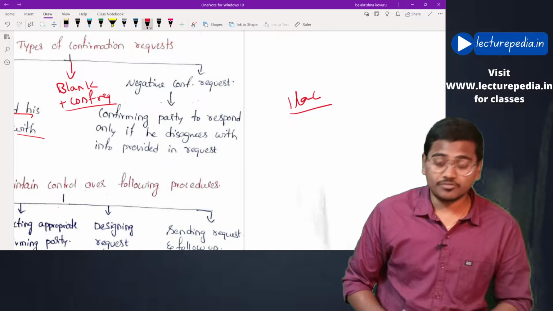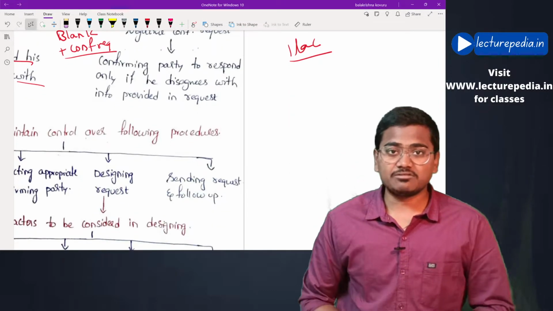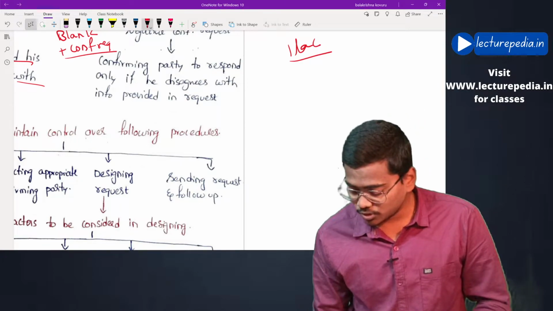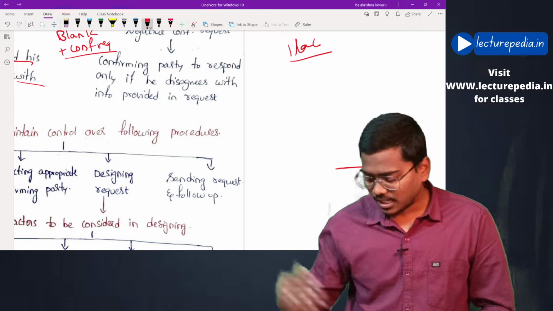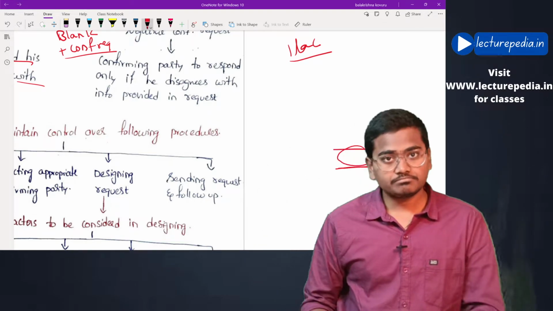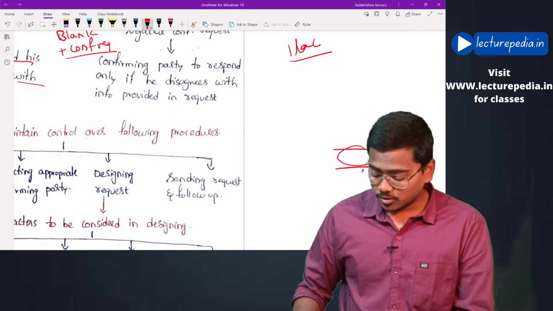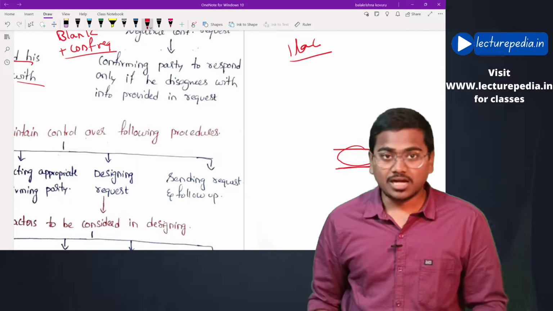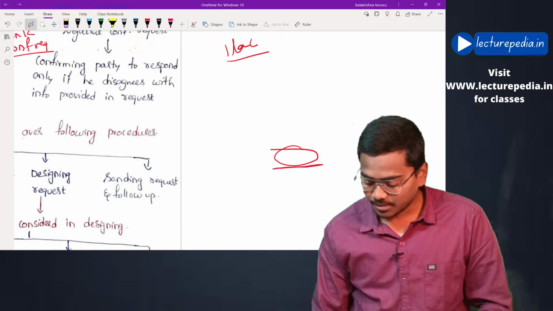Thereby the auditor will not disclose the amount in the confirmation request. He will keep the amount column blank. The auditor will ask the third party to fill up this blank with the amount and respond. To fill up this amount, the third party will have to check his books and fill in the amount.